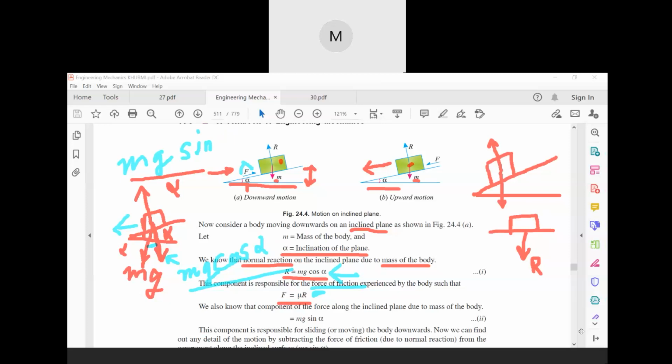So we'll write it like this, mg sin alpha. So now there are two components. For R it is mg cos alpha, and for the other side it is mg sin alpha.